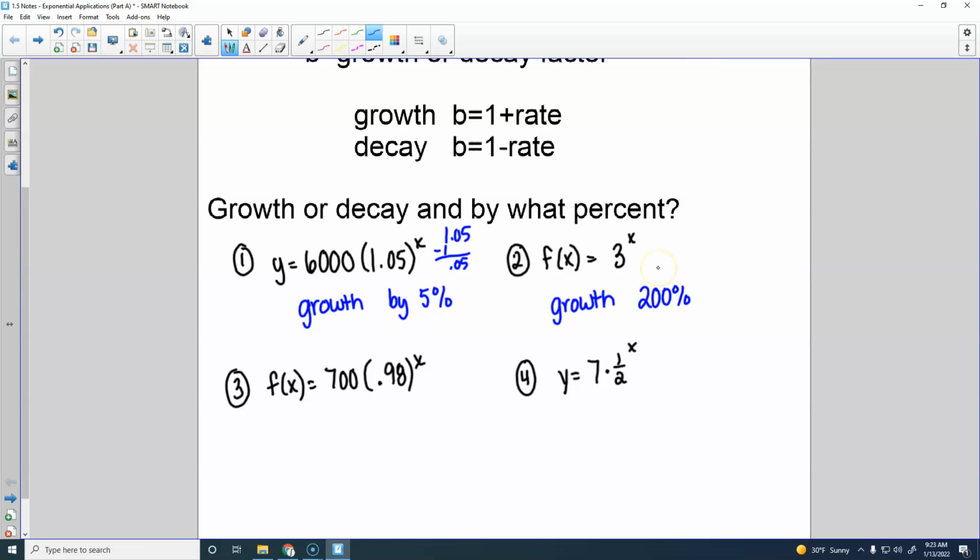But tripling is 200% growth. You take the 3, you subtract the 100% you started with, which gives you 2, and then you move that decimal 2 places, so it's 200%. So if something is quadrupling, it would be a 300% growth rate. Or if it's being multiplied by 10, it would be a 900% growth rate.